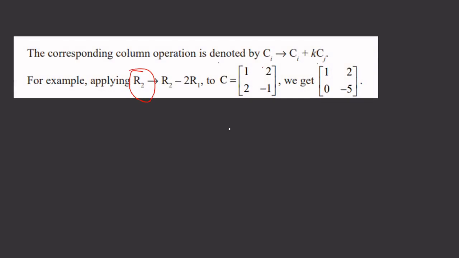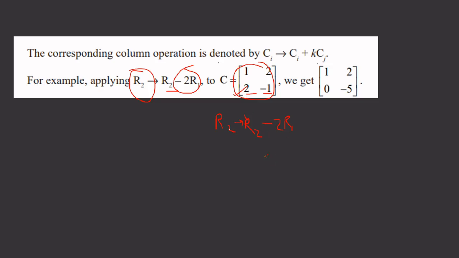In this matrix, the second row is 2 and minus 1, and we change this second row by the operation R2 minus 2 R1. This is our property, and we can change like this: the second row will be changed in such a way that it becomes second row minus 2 R1.